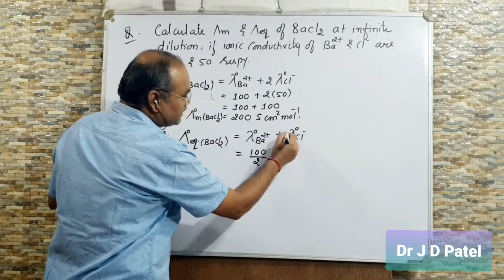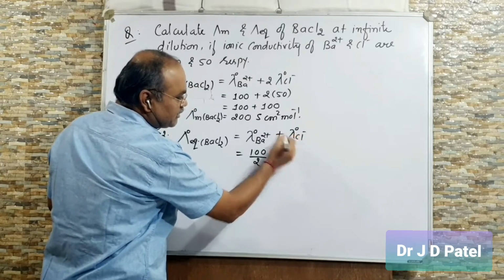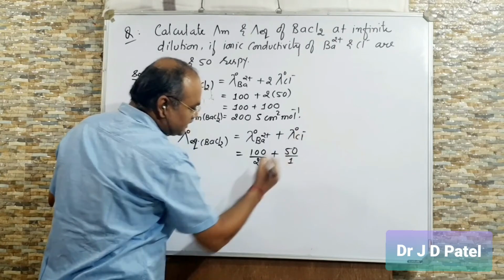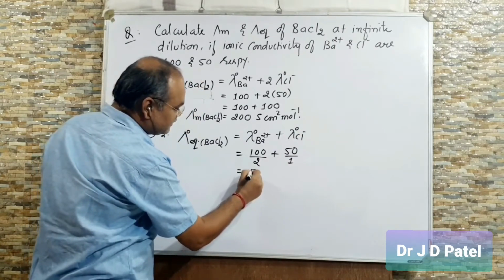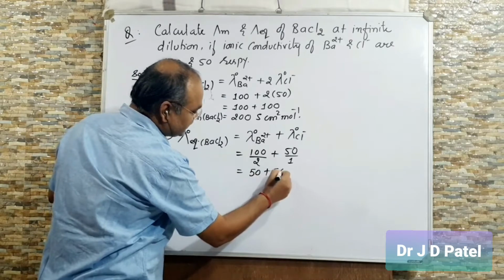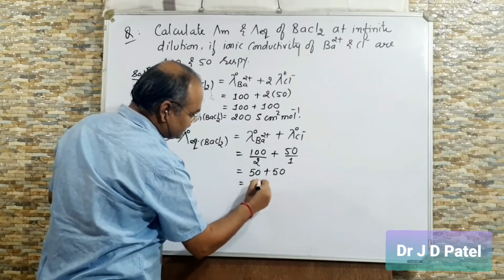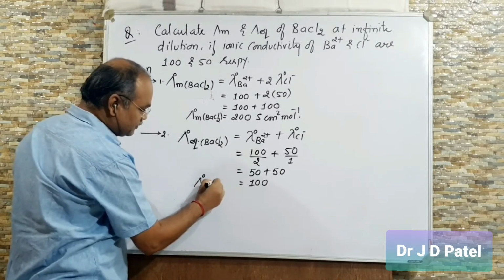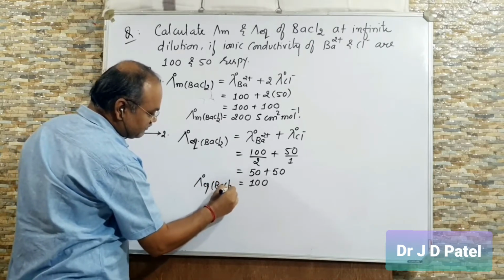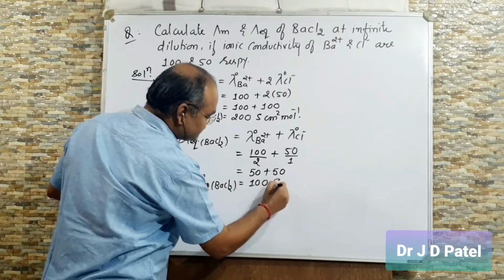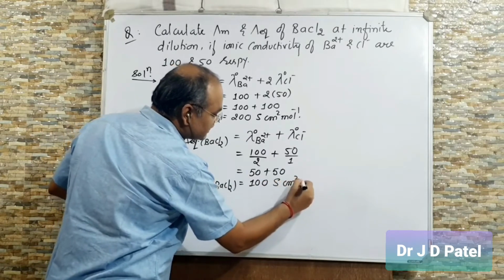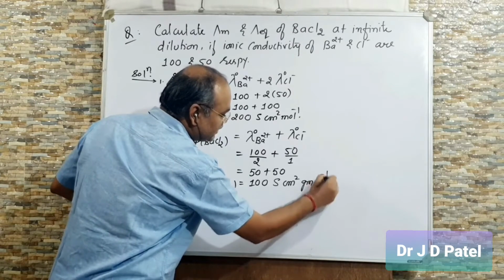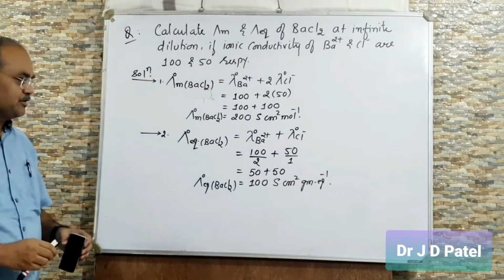Plus, here it is not molar conductivity, so you don't have to multiply by 2. It is 50 divided by n factor 1. So your answer will be 50 plus 50, which is equal to 100. So lambda 0 eq for BaCl2 will be 100 Siemens centimeter square per gram equivalent, as I told you yesterday. This is the unit.